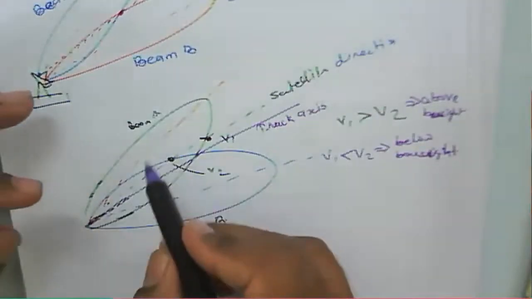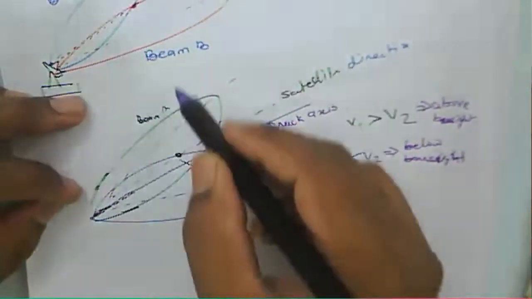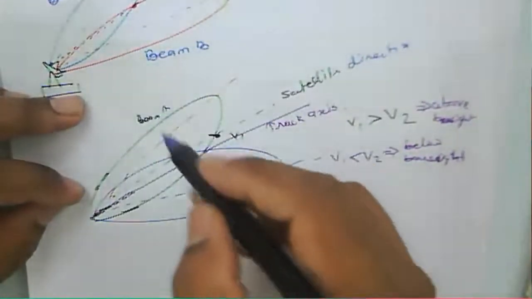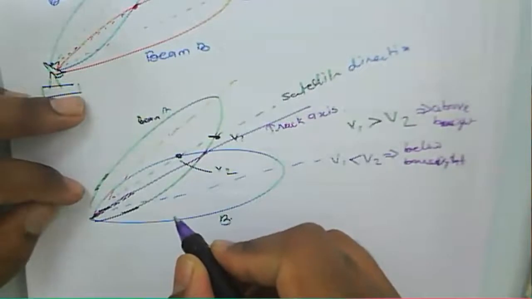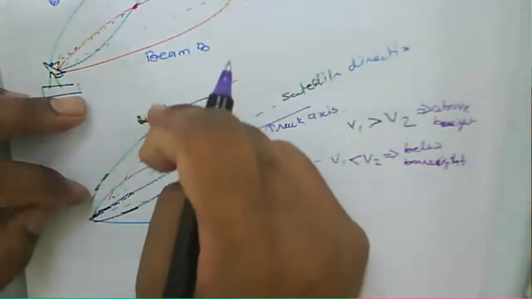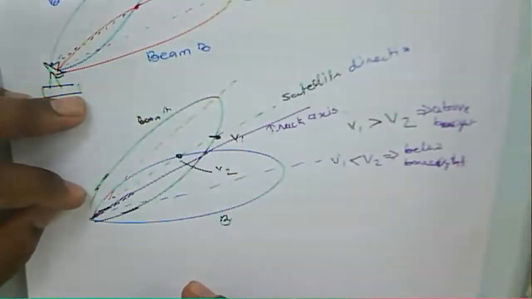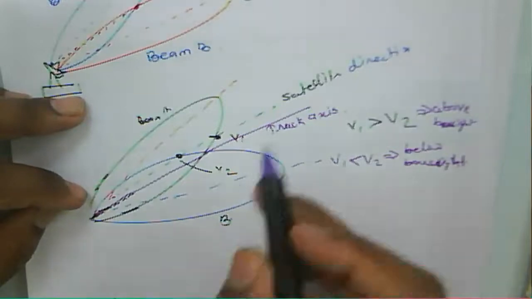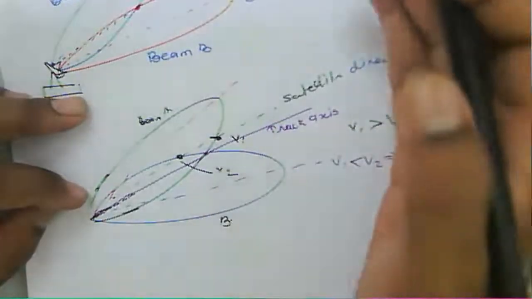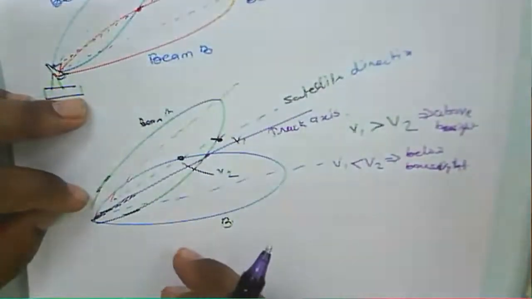So that is about these two beams, whichever we are getting from these two patterns, and these two beams are used for tracking the satellite direction. If we receive the signal from the satellite, then in that case we need to measure the voltages and then we can find the error.